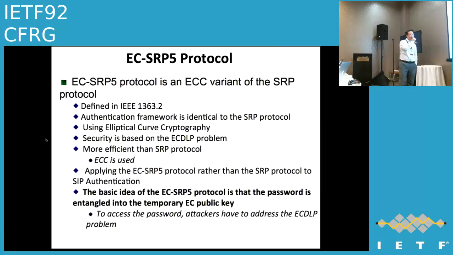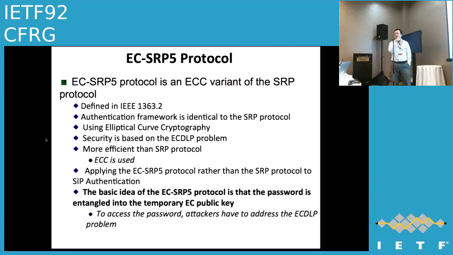ECSRP5 protocol is the ECC variant of the SRP protocol. It is also defined in an IEEE standard. We apply the ECSRP5 protocol for SIP authentication, not the SRP protocol, because it uses ECC crypto.